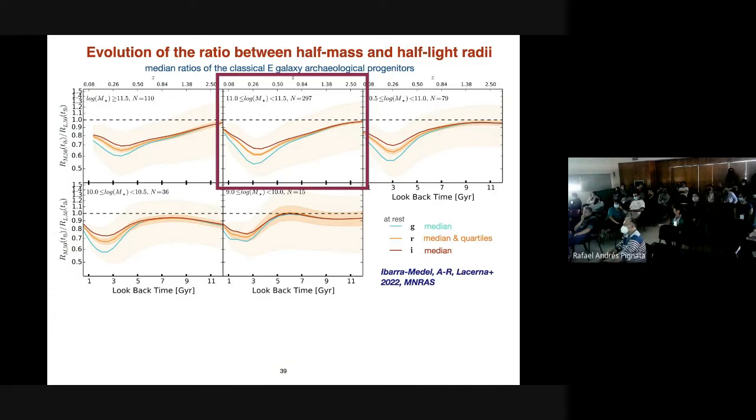And the interpretation of this is that these elliptical galaxies were quenching inside out. This makes the gradient of the mass-to-luminosity ratio become negative.